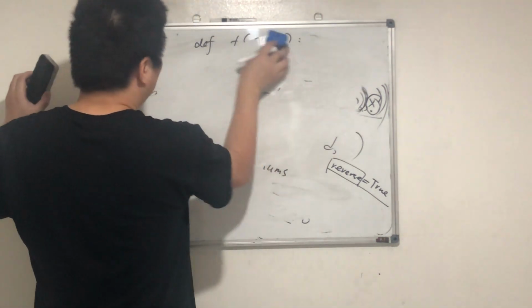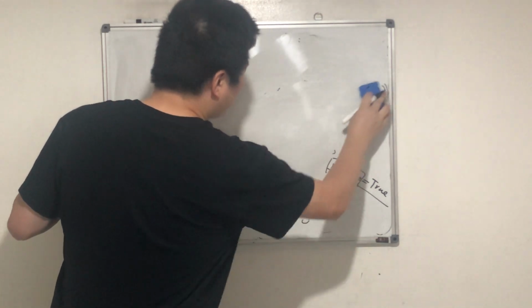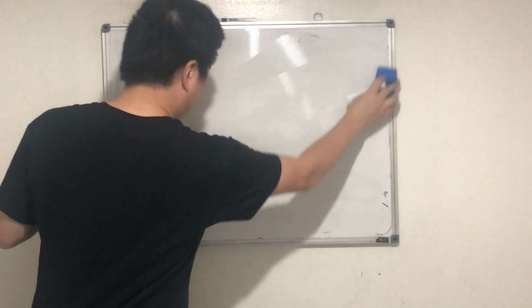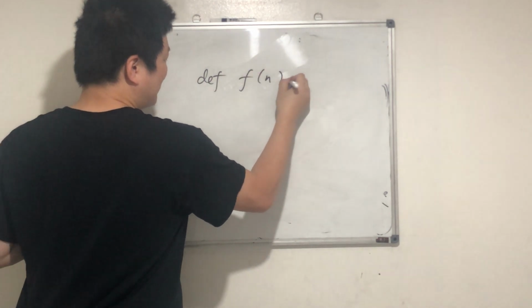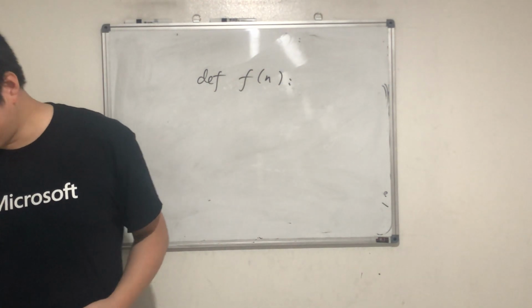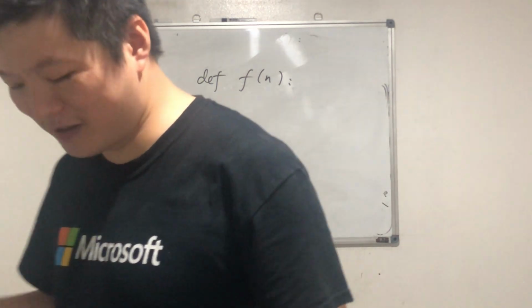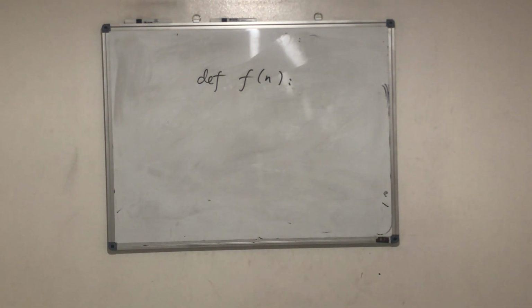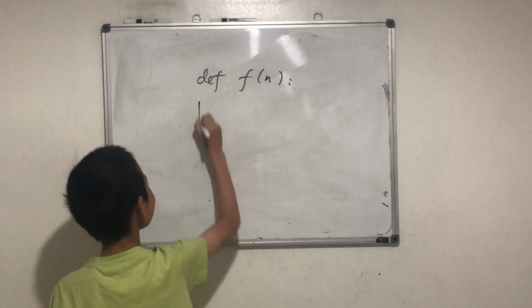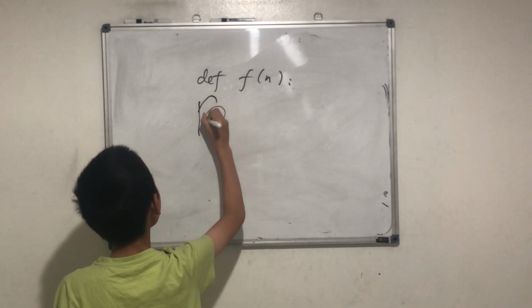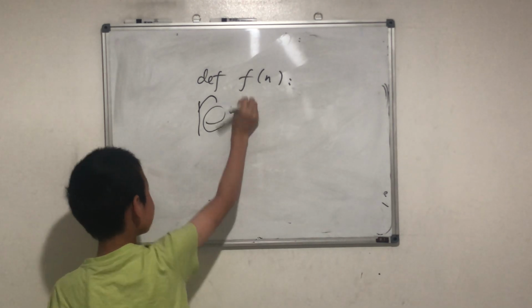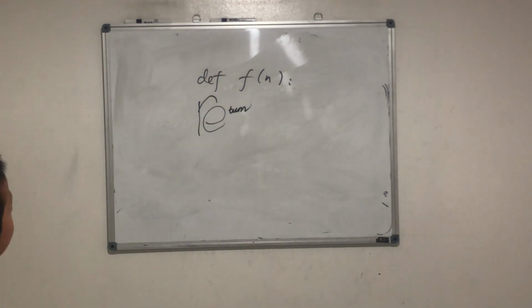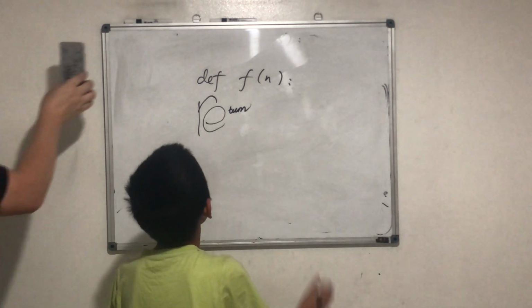Okay. Can you write a Hamming weight function? Come on. Define fn. I'll do the quickest one. Return. You convert it to a binary string.